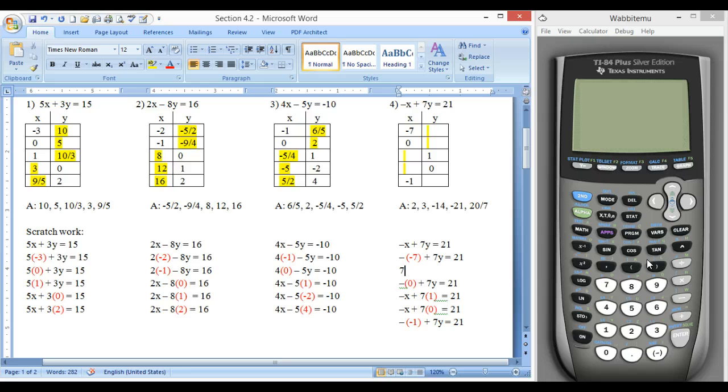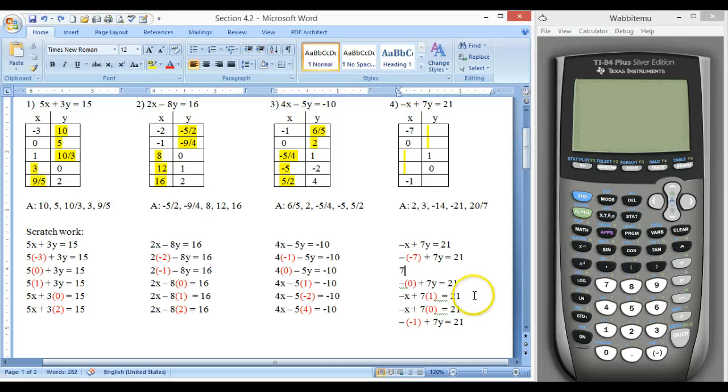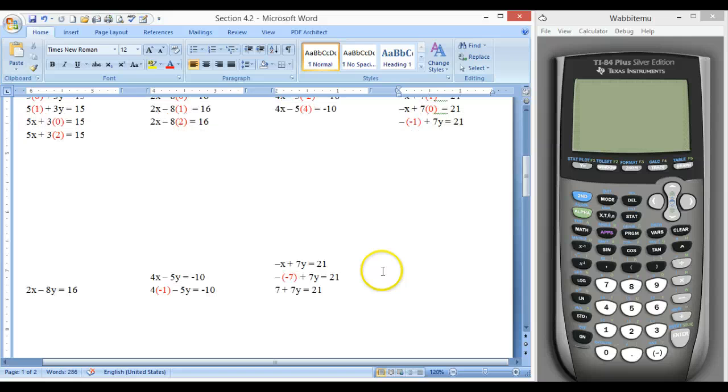Okay, so we have positive 7 plus 7y equals 21. To isolate my y, I need to subtract a 7 from both sides. So I'm going to delete this.